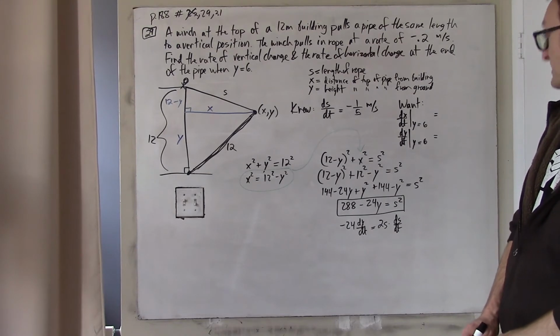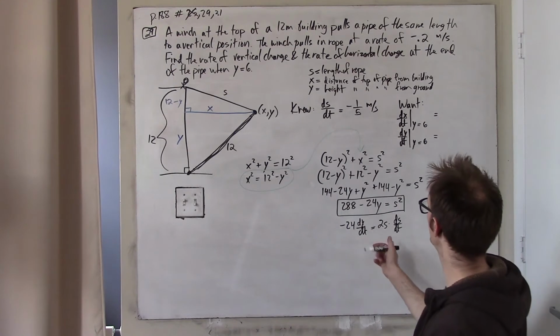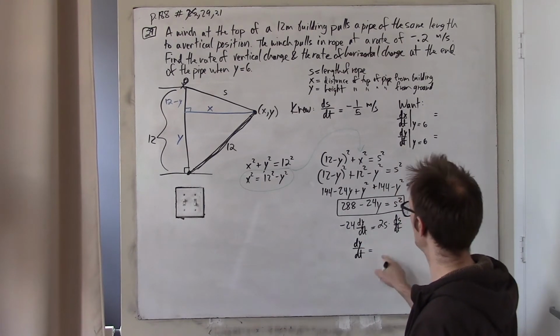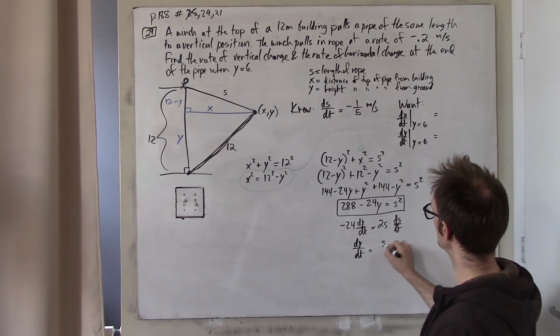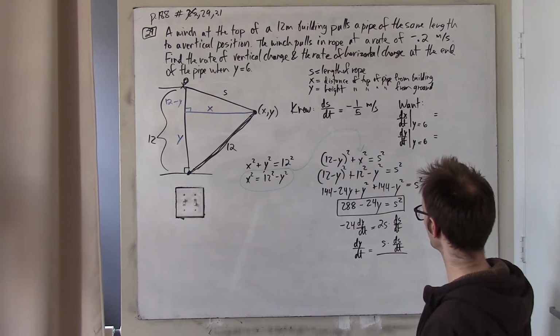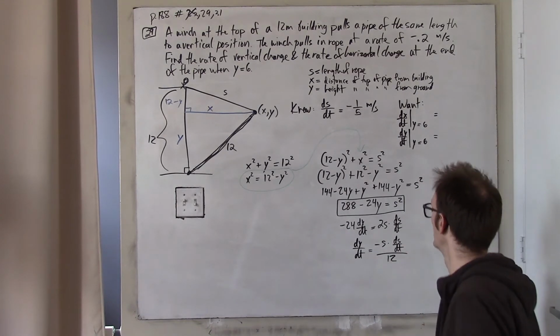And I guess I can divide both sides by negative 24. And I get this formula, dy dt equals negative s ds dt over 12.